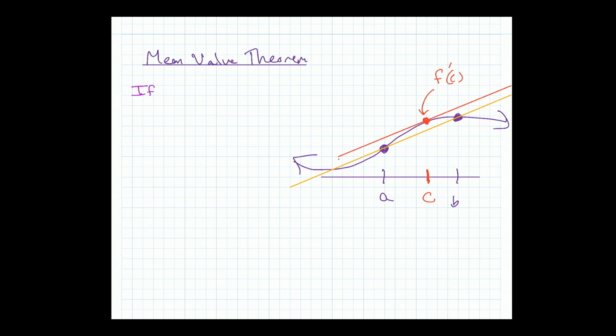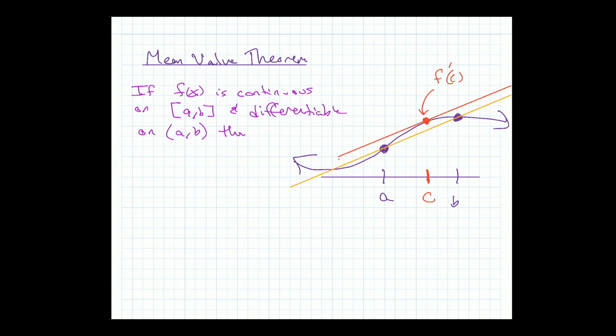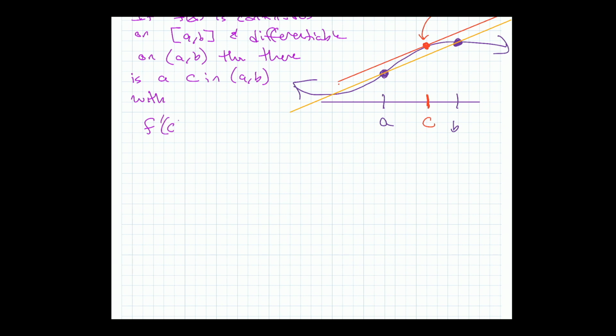So if f of x is continuous on a to b, so only continuous functions, and differentiable on a to b, so we need the derivative to exist in there, then there is a c in (a, b) with f prime of c equals f of b minus f of a over b minus a.